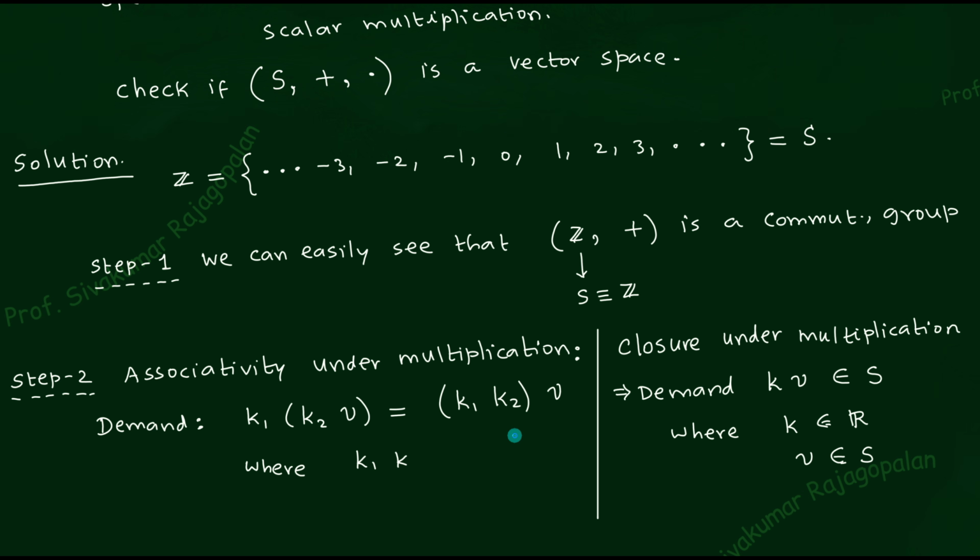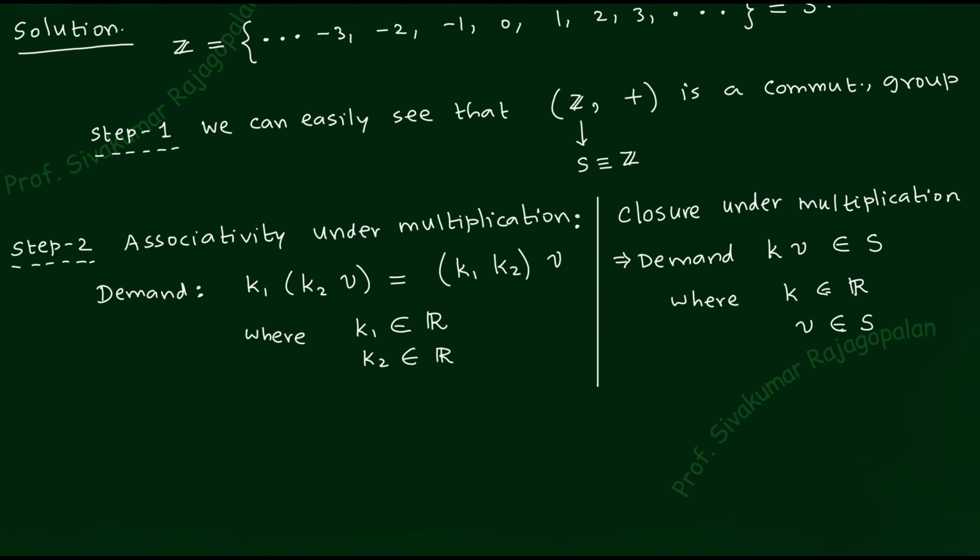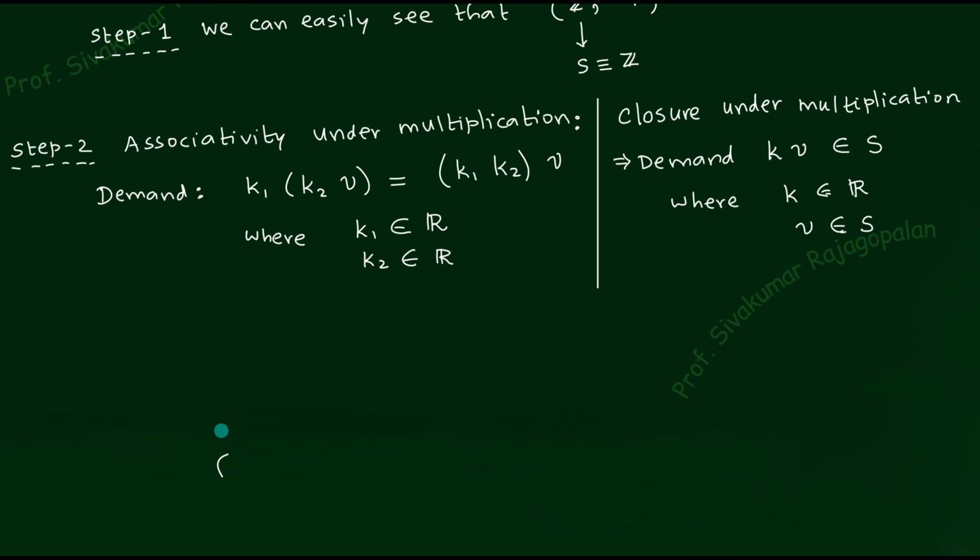So I will simply write where K1 belongs to the set of all real numbers, that is the field, and K2 should also belong to the field, and the vector element V should belong to the given set capital S.